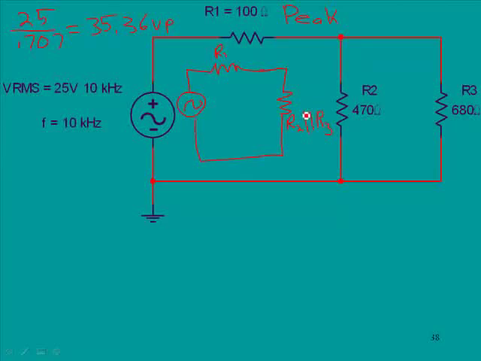We need to do a little math here, and remember the calculations for parallel circuits. We would say 1 over, in this case, 1 over 470 plus 1 over 680. And if we did this calculation, the resultant value is about 278 ohms.